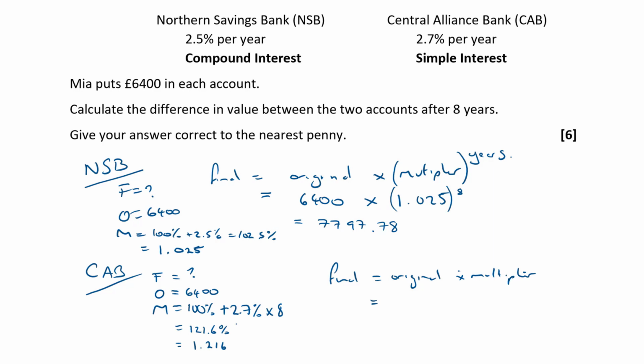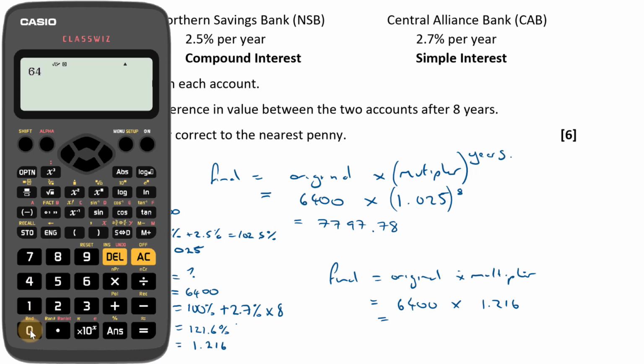Don't have to compound it this time, so I'm not raising it to a power, and I've already applied it 8 times. So it's just going to be a straightforward multiplication. So my 6,400 times 1.216, I make that £7,782.40.